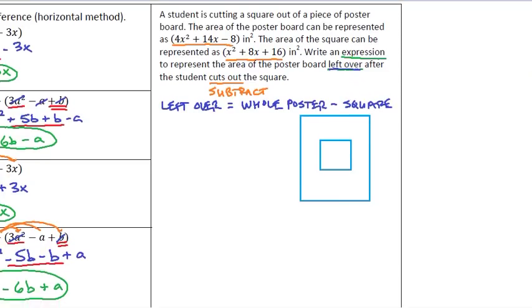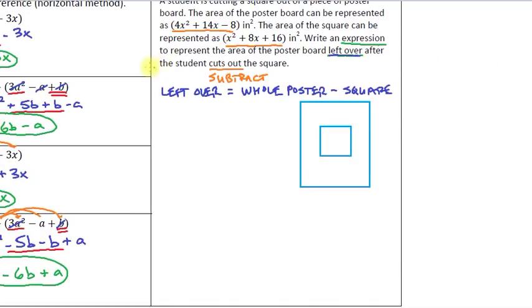So let's write this out. We want to know what the leftover is. Well, the whole poster, let's take the whole poster first. The whole poster is 4x squared plus 14x minus 8. That's the whole poster. I'm just right here so you see this.